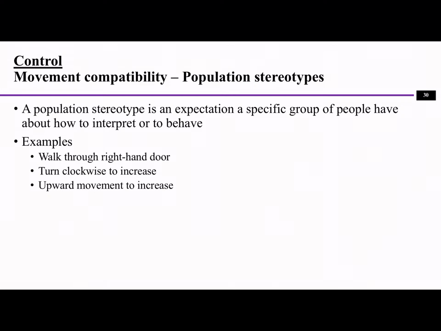And if you turn clockwise, that is to increase. If it is counterclockwise, that is to decrease. Same with upward movement to increase and downward movement to decrease. So these are the stereotypes we can use in designing the controls.